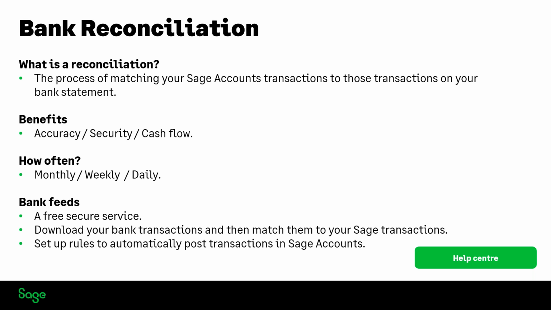You'll have opportunities to manually match transactions and enter transactions there and then that haven't yet been entered into Sage. One of the big benefits of bank feeds is the rules option. As transactions download from your bank, you can set up rules so that if those transactions are recognized, it can enter them for you into your accounts, automating that task and helping you to save time.